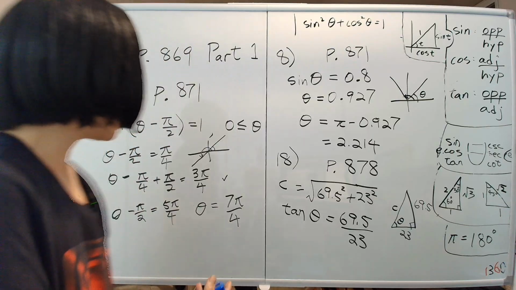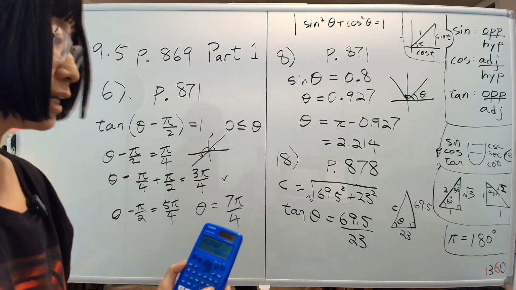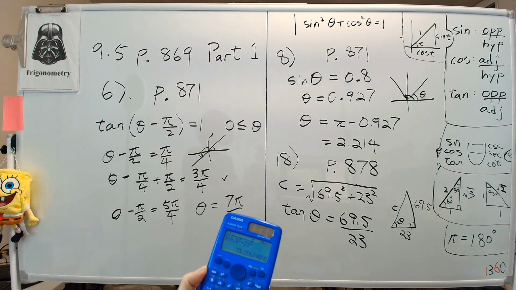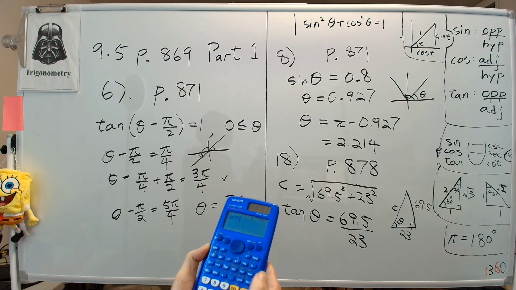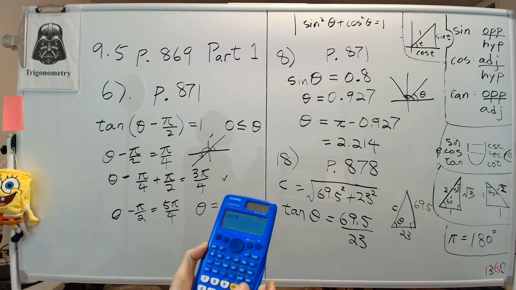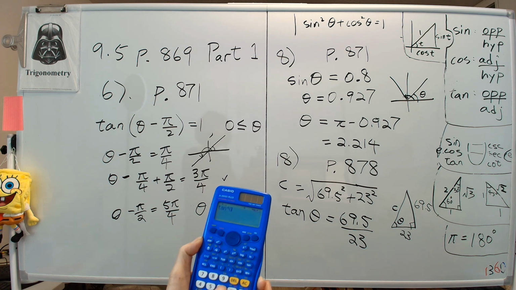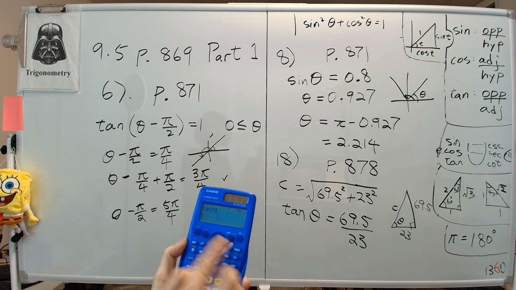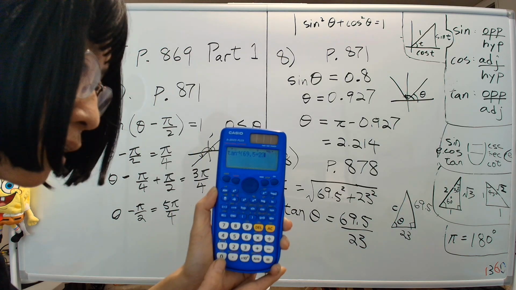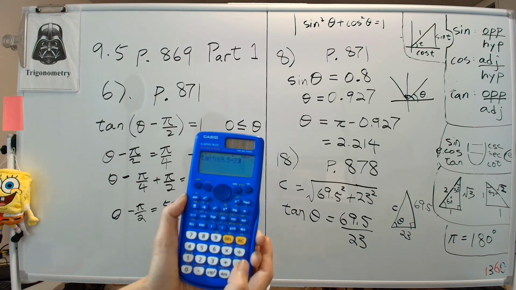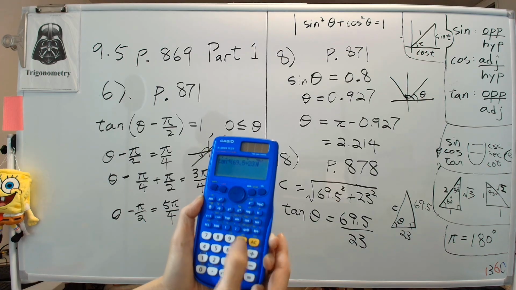Next, we have the angle. Tangent theta is 69.5 over 23. So the angle theta will be the inverse, I mean arctan, which I push right there. 69.5 divided by 23, and that should do it. Close parentheses.